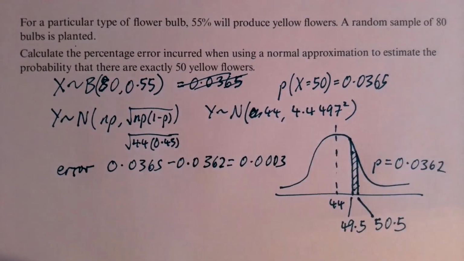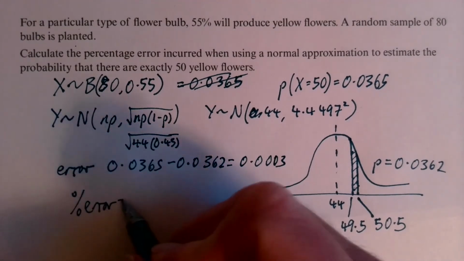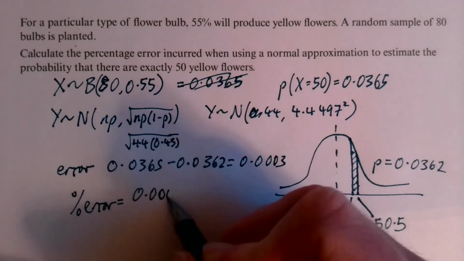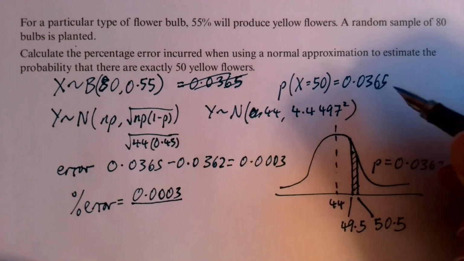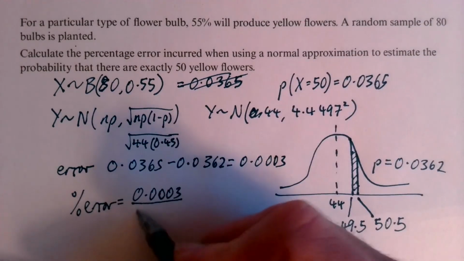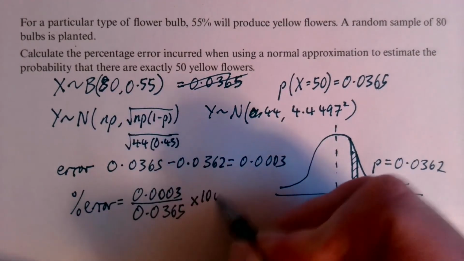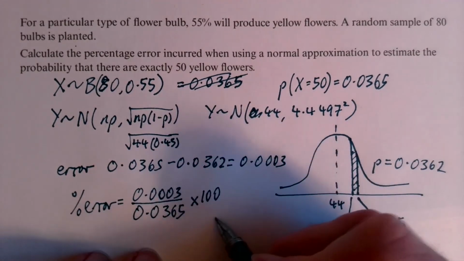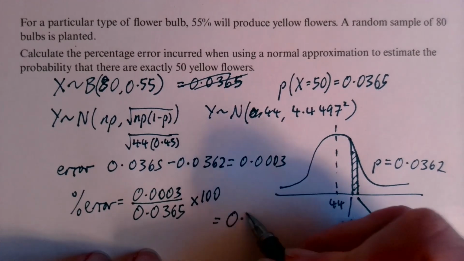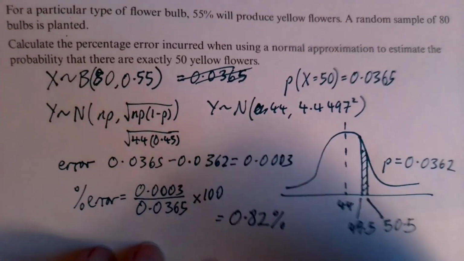And as a percentage, the percentage error is going to be that out of the actual accurate amount, which is the binomial one, and then to turn it into a percentage we multiply by 100, and if you do that you should get 0.82. So it's 0.82 of a percent error.